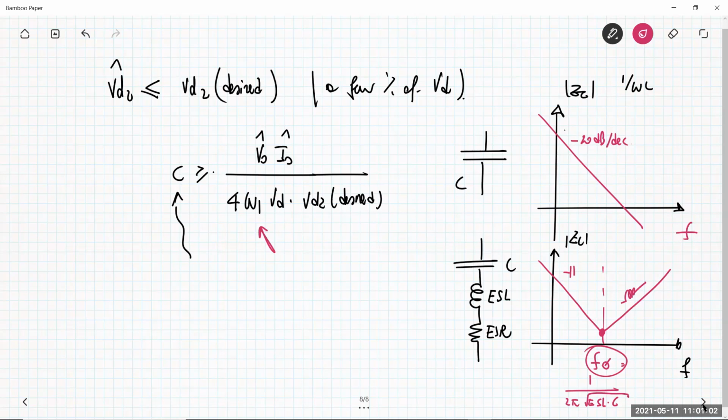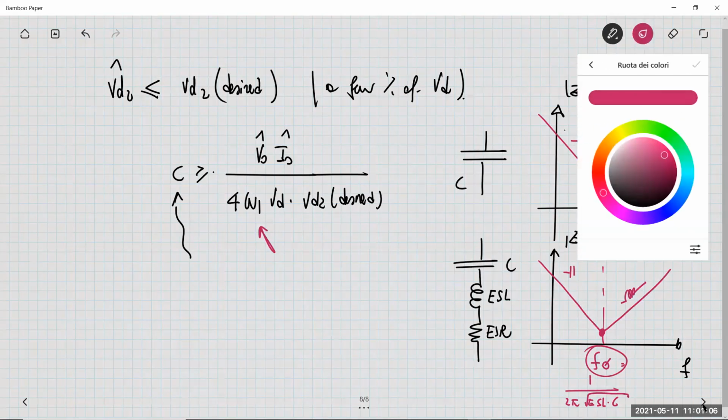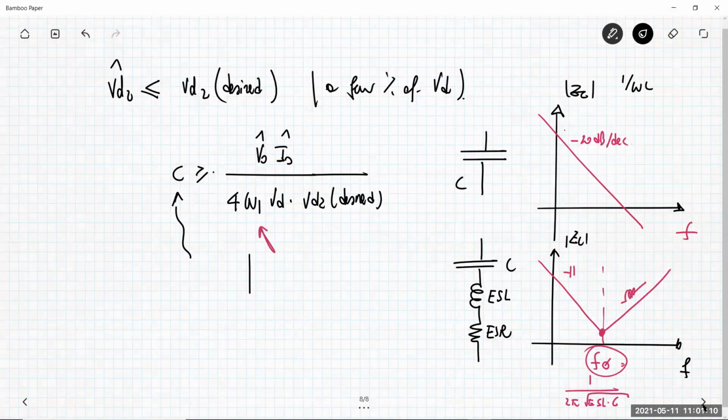Okay, this is for a ceramic capacitor. If you have an electrolytic capacitor, then the behavior is a little bit different from this. This is for a ceramic capacitor that basically has no ESR.